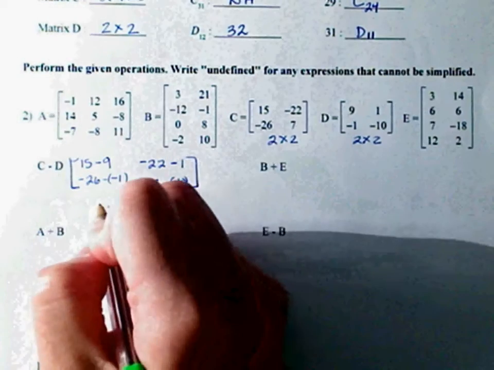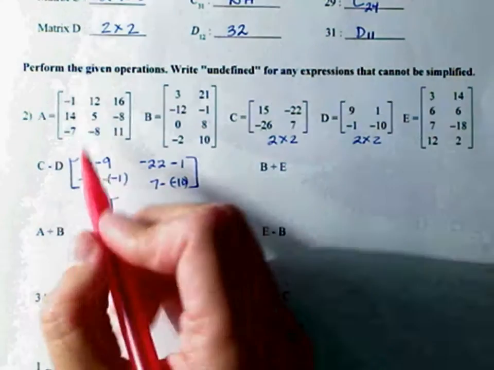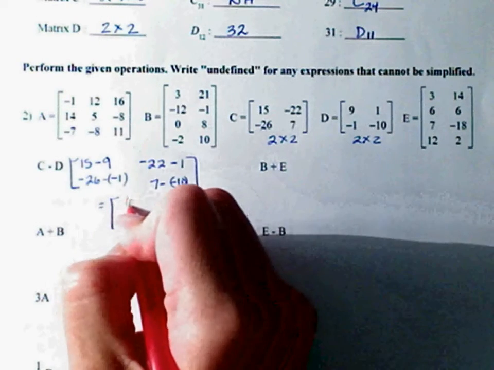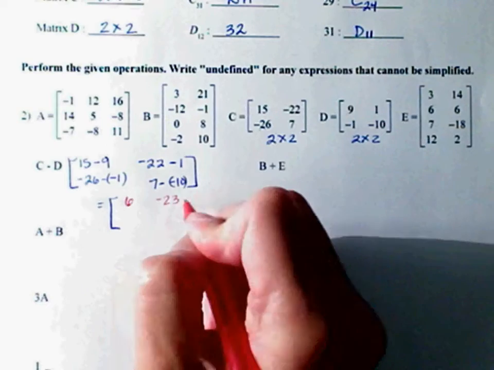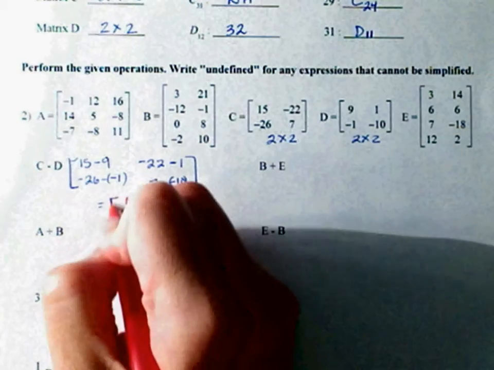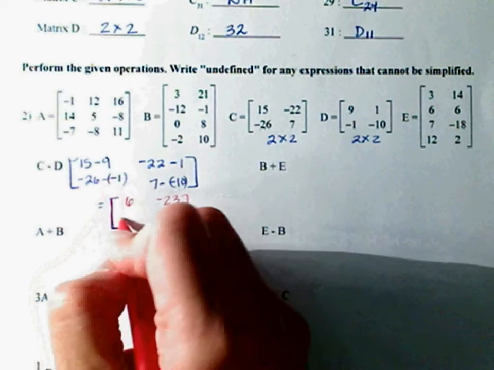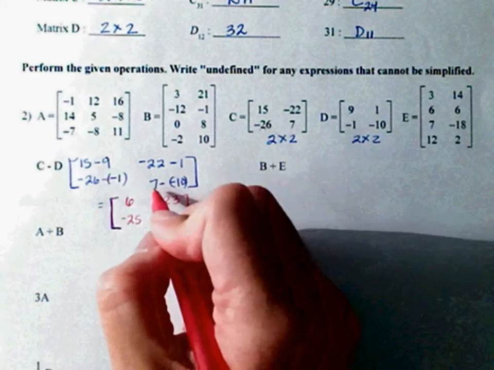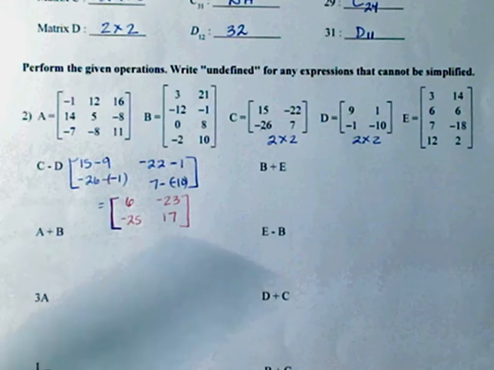And then you can just provide your answers right there. Alrighty? So let's take a look. 15 minus 9 leaves you 6. Negative 22 minus 1 is negative 23. Your new dimension should be a 2 by 2. Negative 26 plus 1 is negative 25. 7 plus 10 is 17. And there you have your solution.